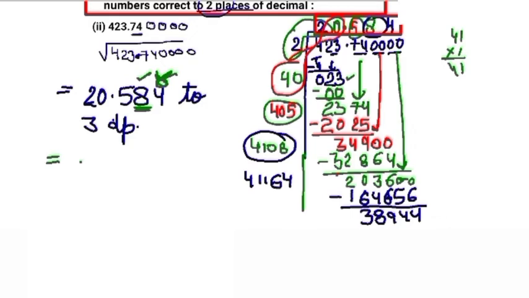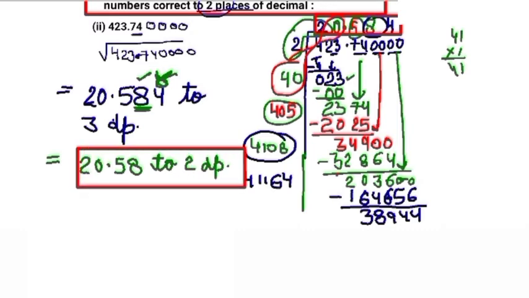So it will become 20.580. But in decimal numbers, if you have 0 at the end, it doesn't make any sense. So you can remove it. Now your answer is 20.58, which is the square root to the 2 decimal places, right? So this is your answer.